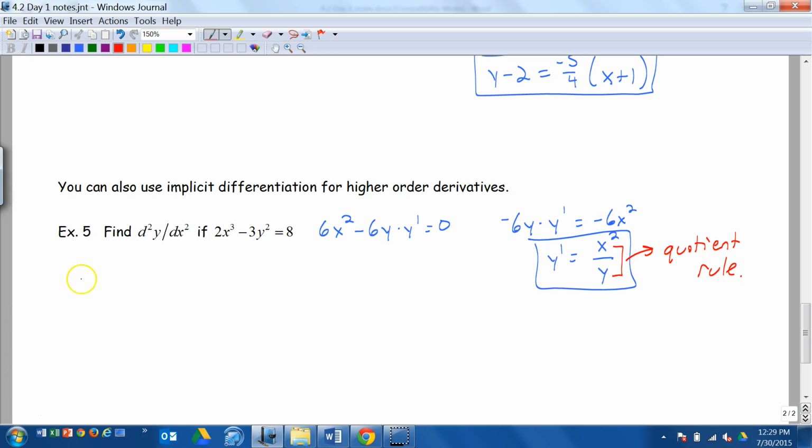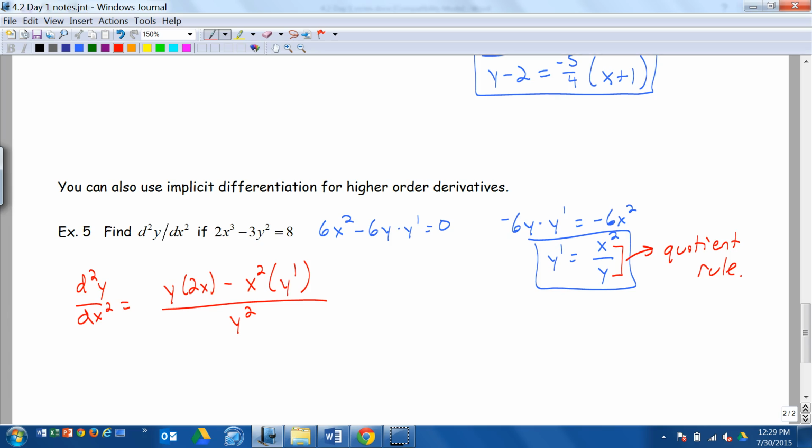So the second derivative is equal to low, which is y, times the derivative of the high piece, which is 2x, minus the high piece, times the derivative of the low piece, which is y prime, all over what's squared below.